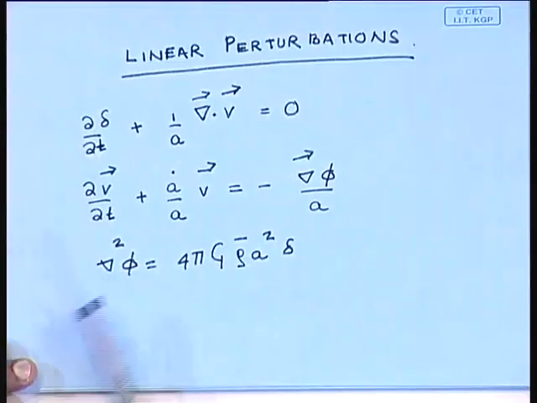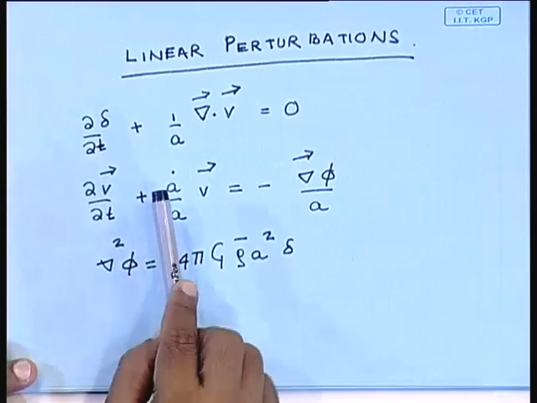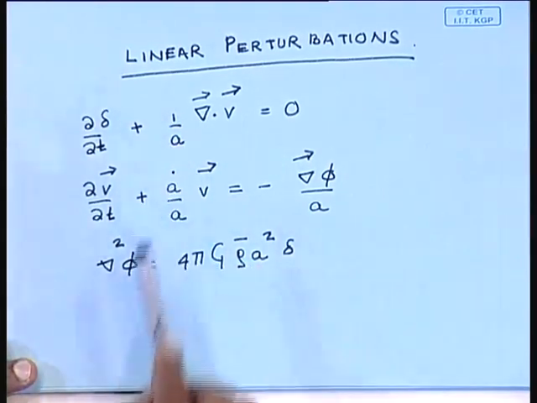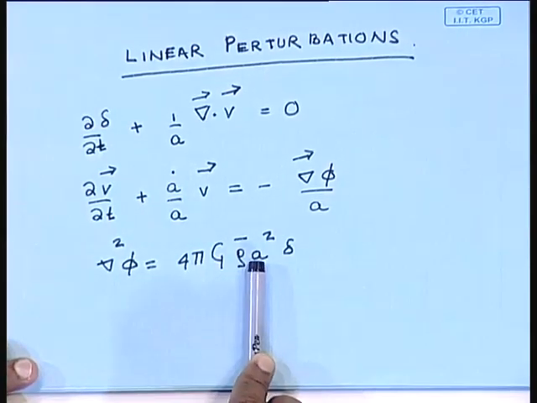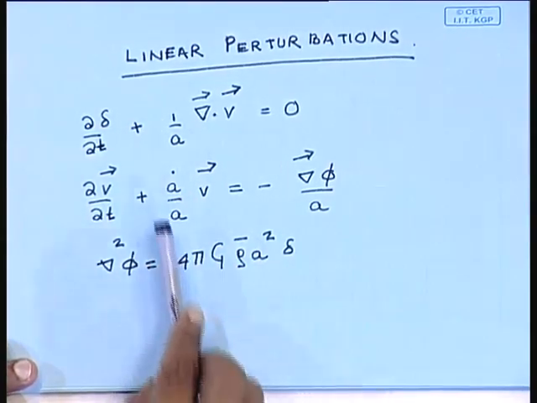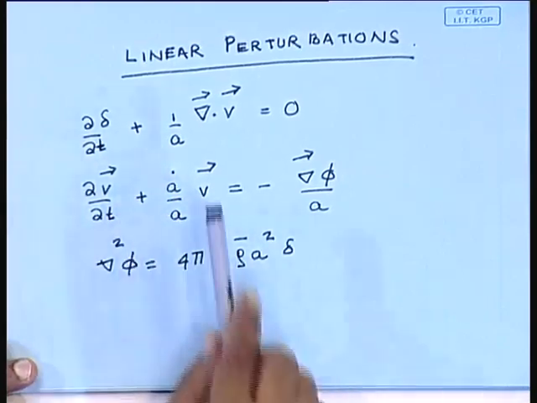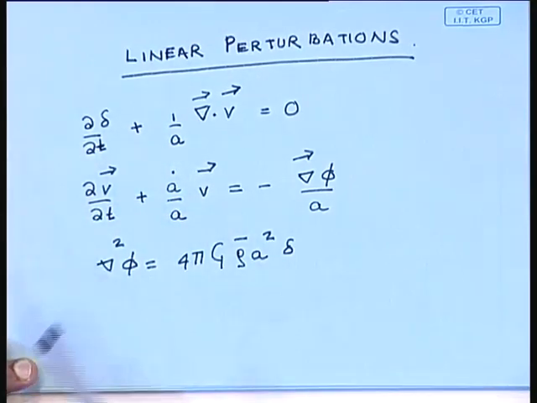Now to connect this with what we have already done, suppose A were a constant equal to 1, then this term would be 1, this term would drop out, I would have 1 here and 1 here. And if I were to then simultaneously solve all of these equations, I would recover the solution which is there on length scales much larger than the Jeans length scale.